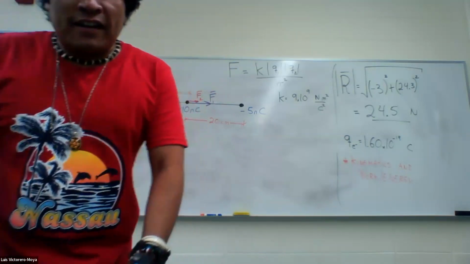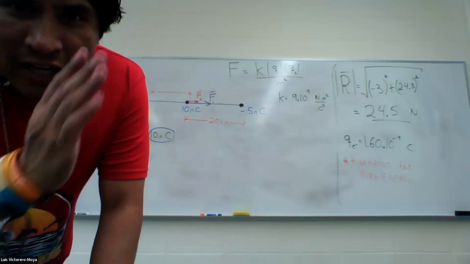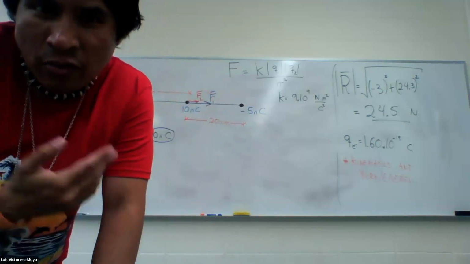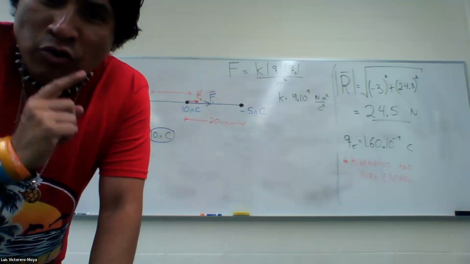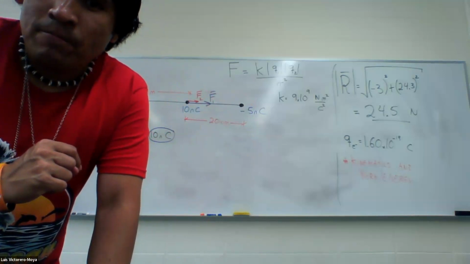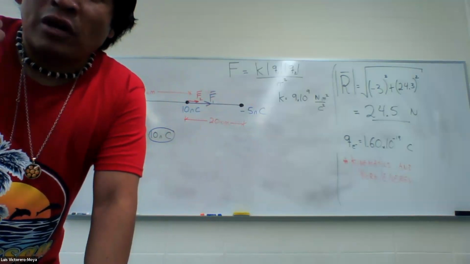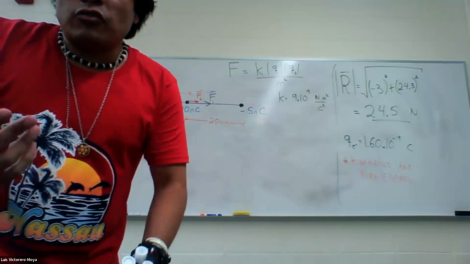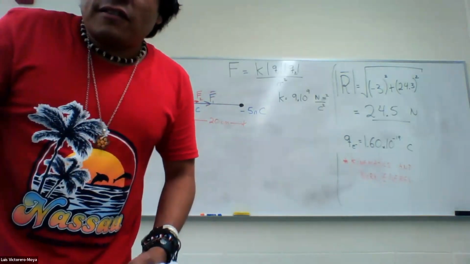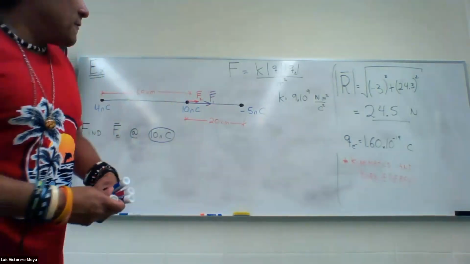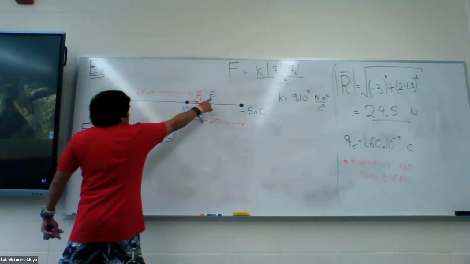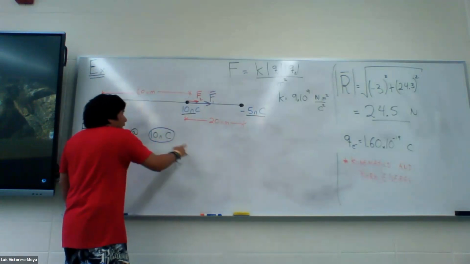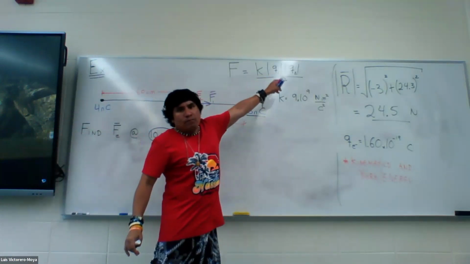Why do you need to do that? Because now you can see on the screen that F1 and F2 are going in the same direction towards the positive x-axis, towards the east. That means that you are going to add them. You draw the direction so you know whether you have to add or subtract, like we did with the vectors at the beginning of class. So you have to add F1 and F2. So now the next step is to find F1 and F2. So let's find it. How do I find F1? F1 is between 10 and negative 5, the absolute values, right?